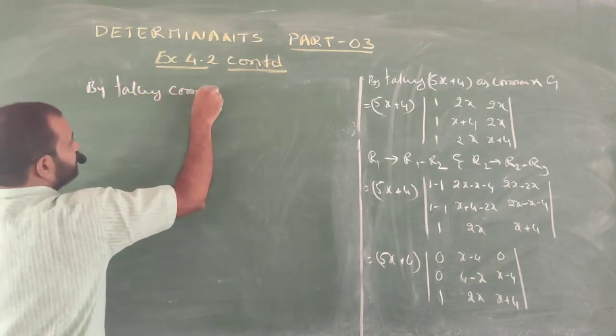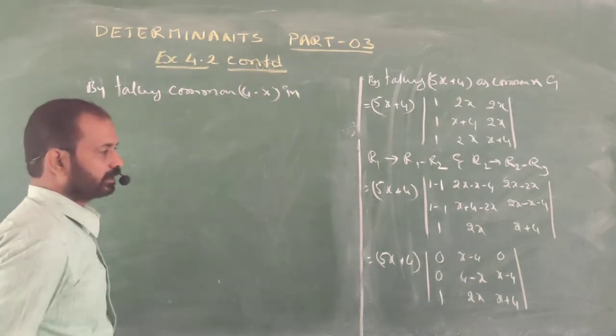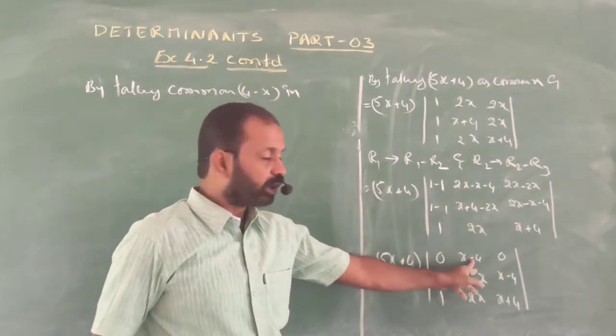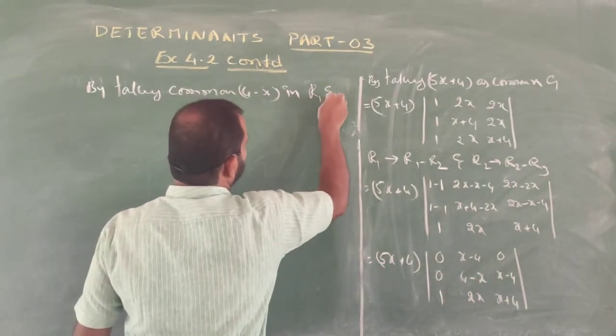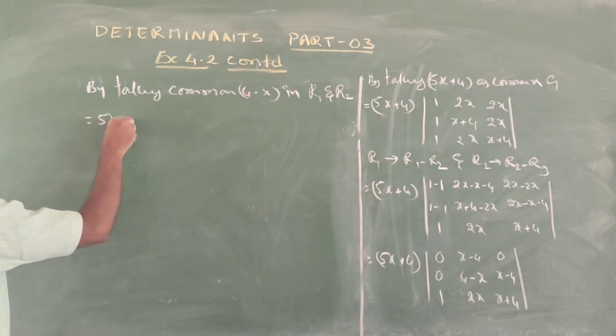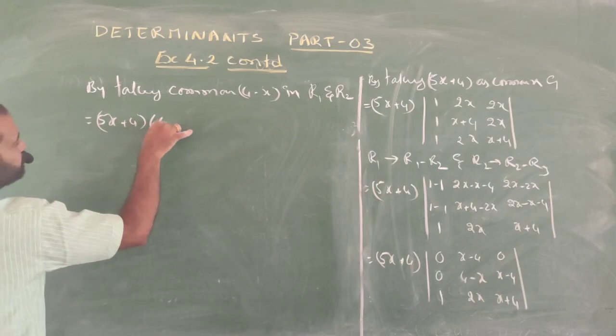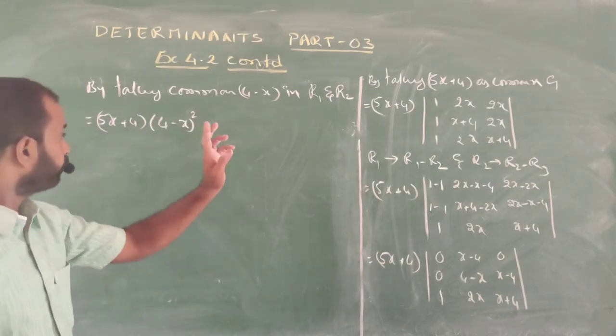By taking common 4 minus x in R1 as well as R2, we get 5x plus 4 into 4 minus x whole square. Why am I writing 4 minus x whole square?